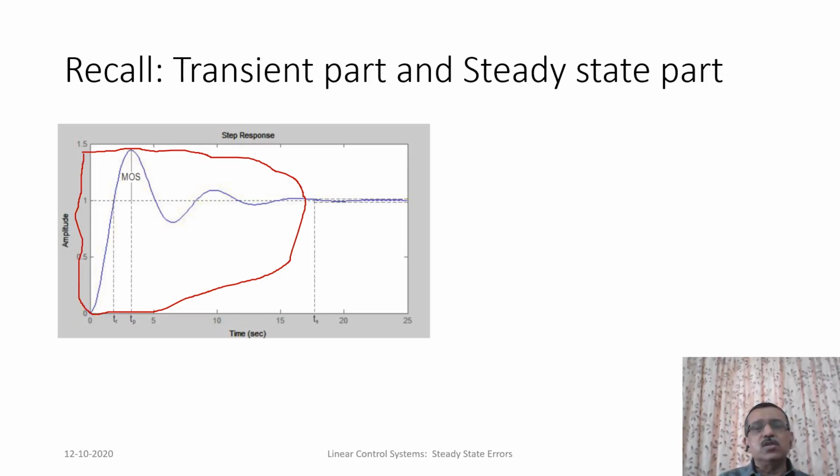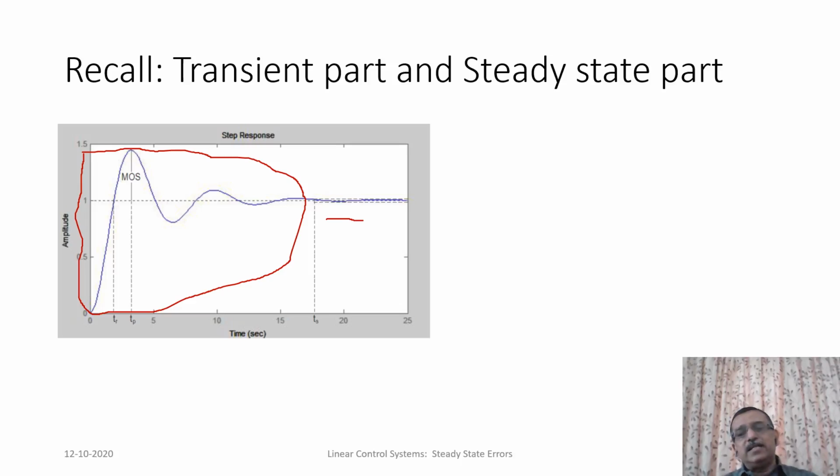And you can see here that the response has settled. If you consider the example of an ammeter, if you send a current of say 2.5 ampere, it will oscillate and then settle to 2.5 ampere.